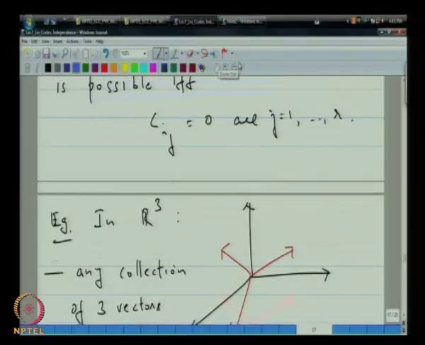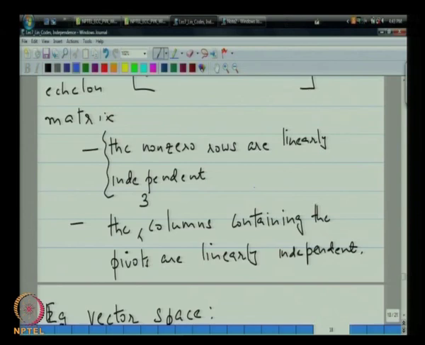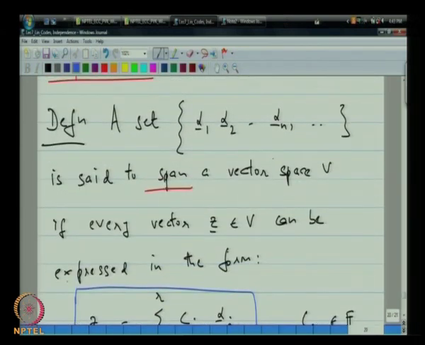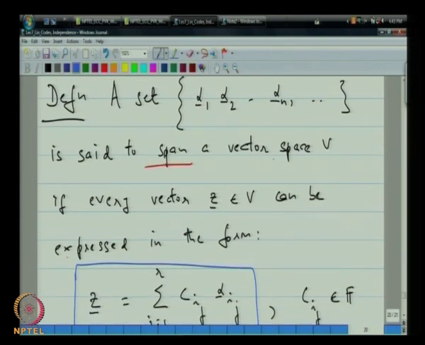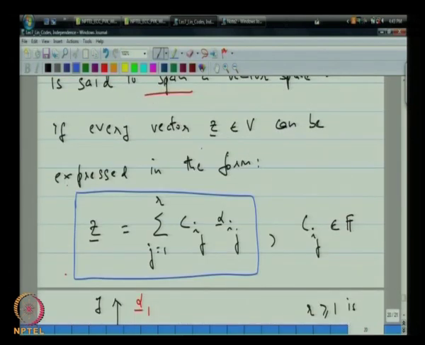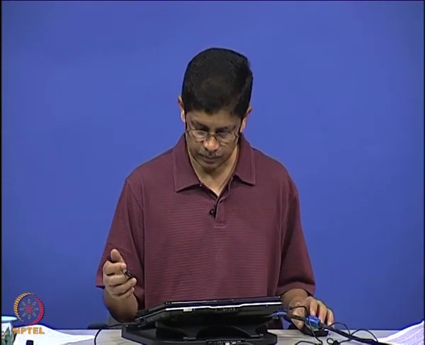On the topic of spanning, a set of vectors is said to span a vector space if every vector can be expressed as a linear combination of these vectors. Whenever I define this set, I have allowed the set to potentially contain an infinite number of elements, although in all our applications the set will be finite.